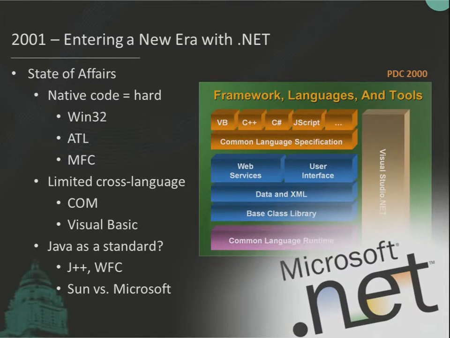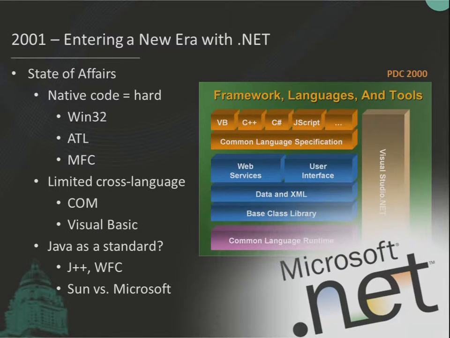And native code was perceived to be pretty hard. We also saw an increasing number of people writing web apps, and classic ASP had some of its limitations, so it would make sense to have some new framework around that. There was also limited cross-language interoperability in the previous development story for the Windows platform.